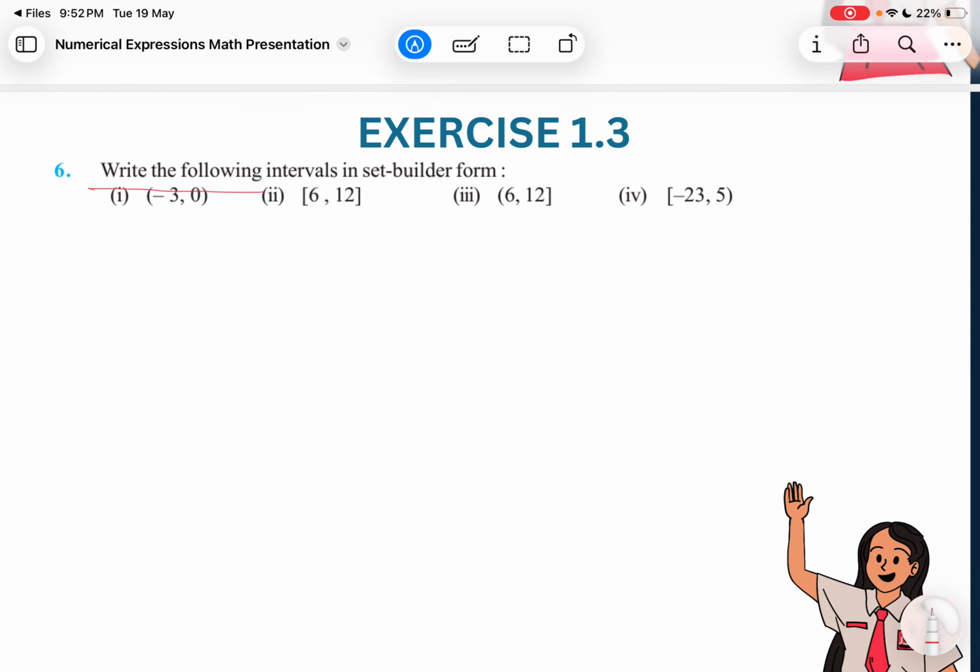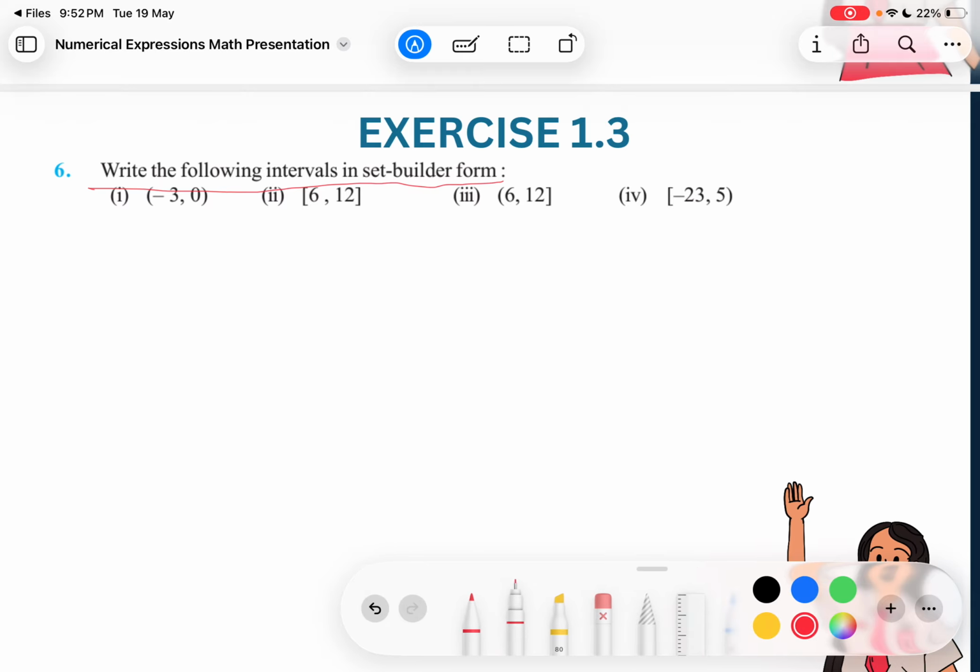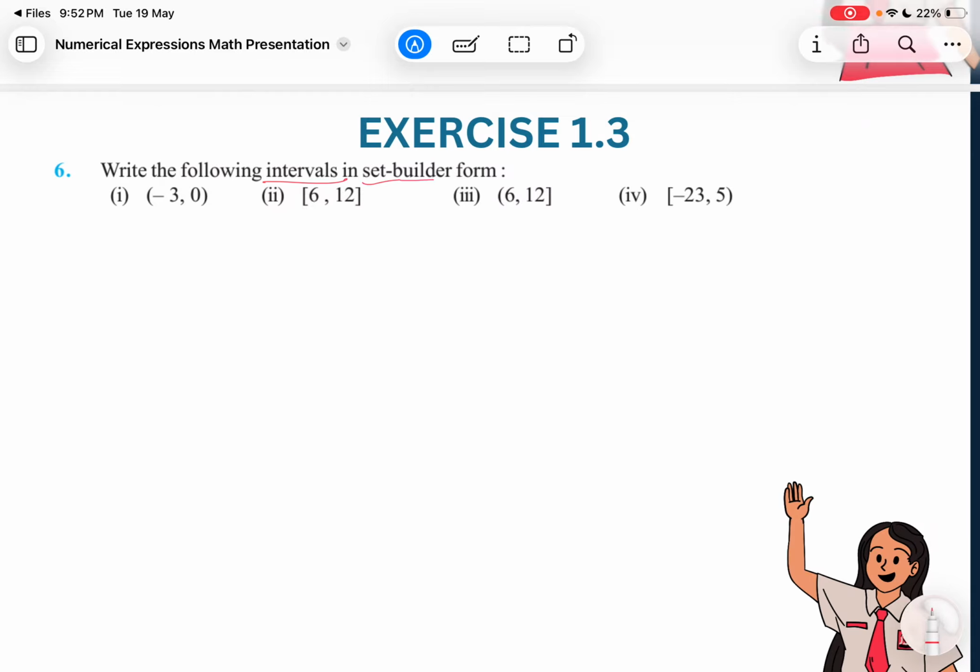Exercise 1.3, question number 6, write the following intervals in set builder form. So we are provided with the intervals and we have to write them in set builder form. I hope you know what set builder form is, like a statement.